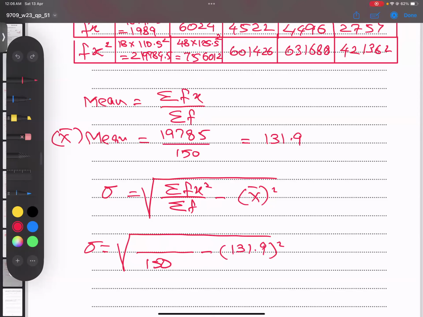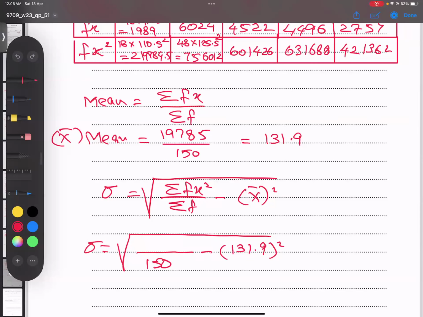Plus 756012 plus 601426 plus 631688. Okay, and plus 421362.